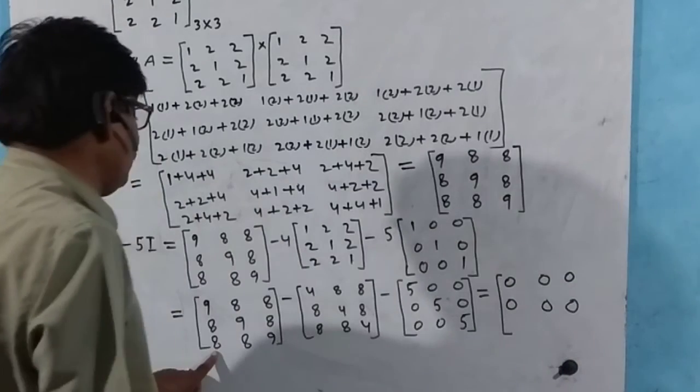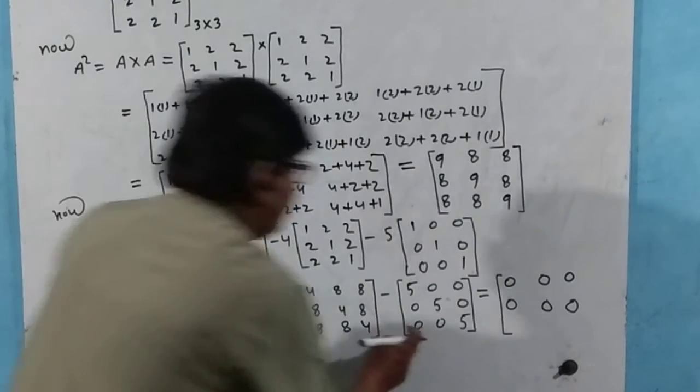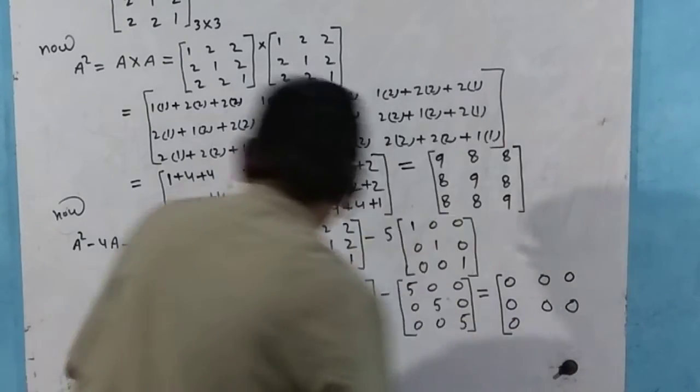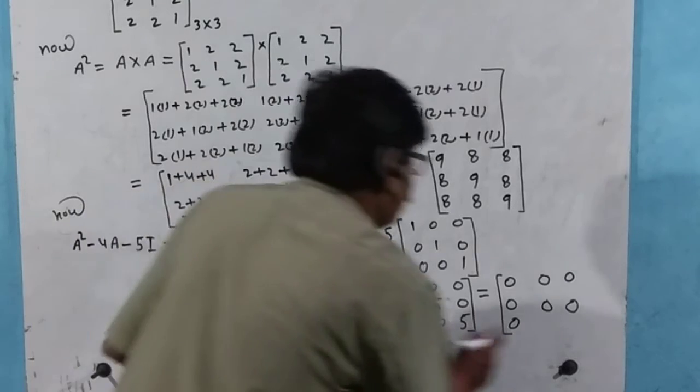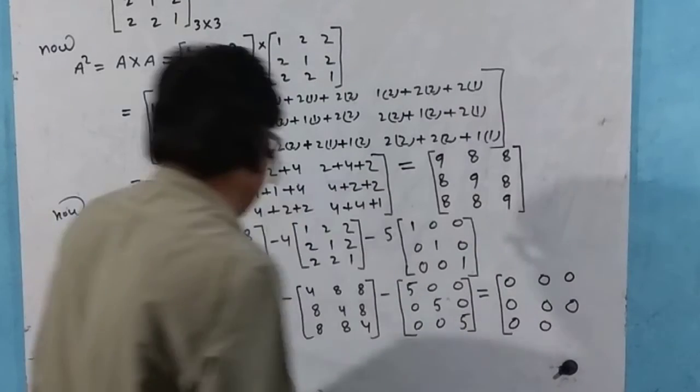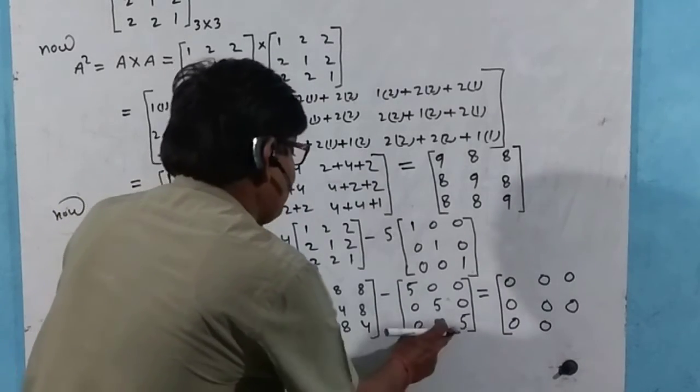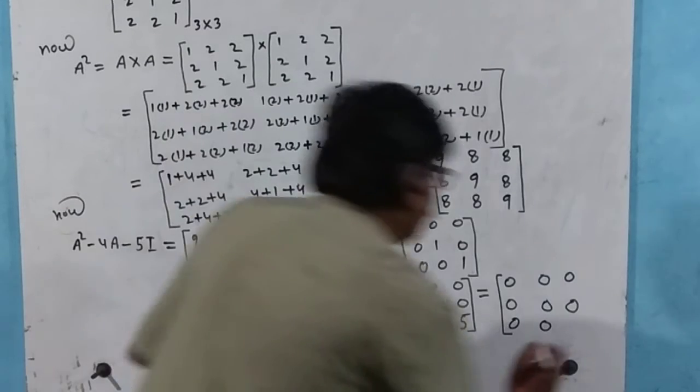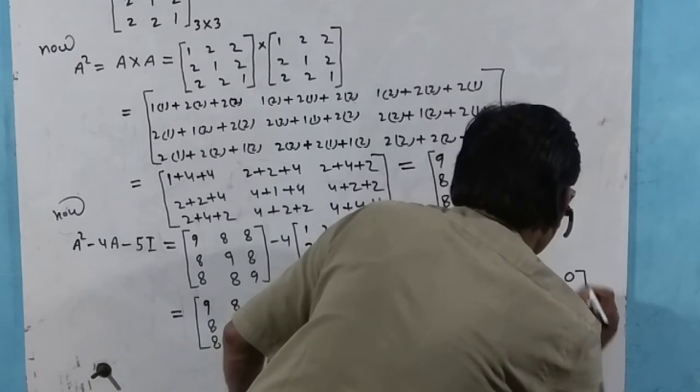This is 0. 8 minus 8 minus 0 is 0. This is also 8 minus 8, 0. 8 minus 8 minus 0, 0. And 9 minus 4 minus 5 minus 9 is equal to 0.